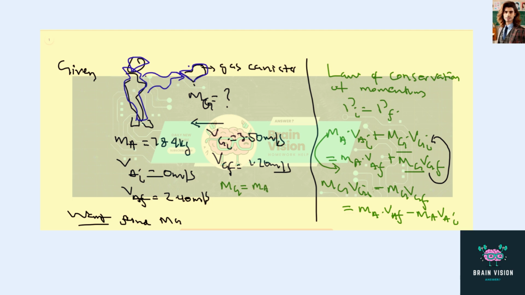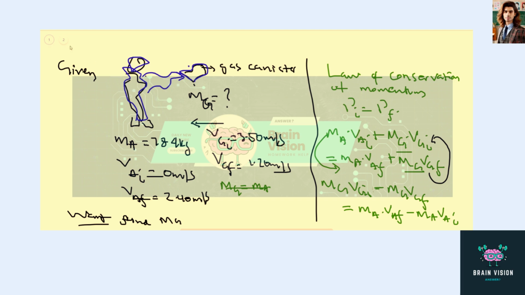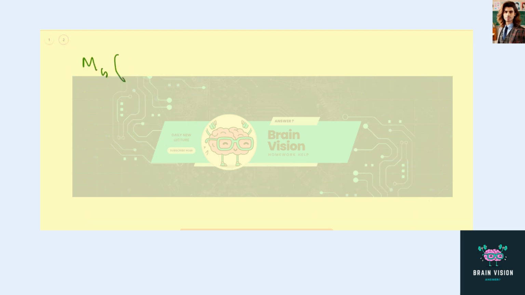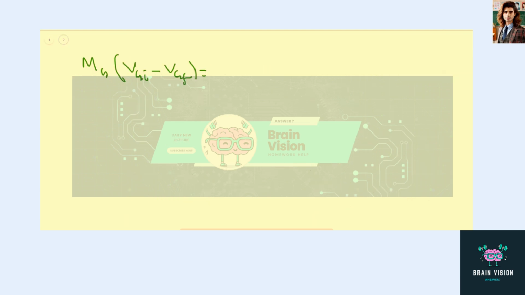We can actually do it on the next page. So we have the mass of the canister times initial minus final, equals, if you go back, the mass of the astronaut times final velocity minus initial velocity.